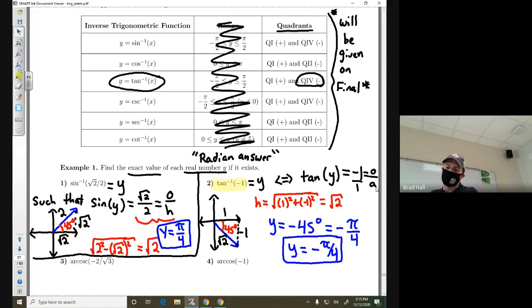So you can do that as well, but the back of the book will keep the negative value if you check your answers in the back, because they don't specify that the angle needs to be in a certain range.